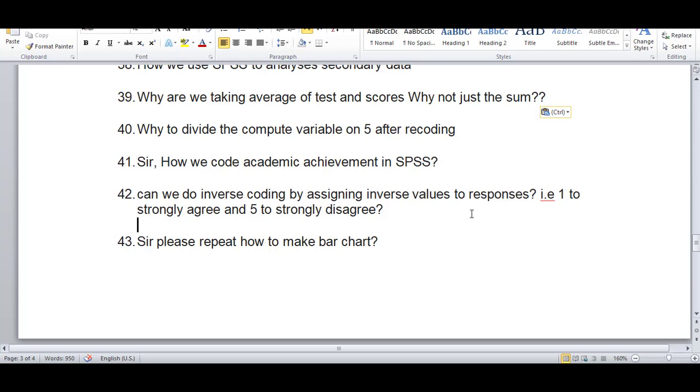confusion for the participant. When the sample attempts the questionnaire, they keep in mind that 1 means strongly disagree and 5 means strongly agree.